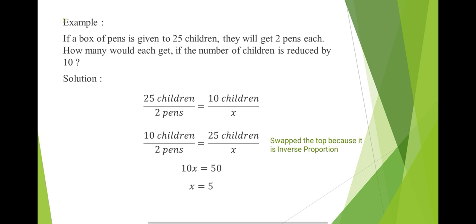So the number of children decreases, the number of pens they each get increases. So it's also inverse proportion. Again, the same way: form the equation first, then swap the top, then cross multiplication, and done. So now each child gets 5 pens.